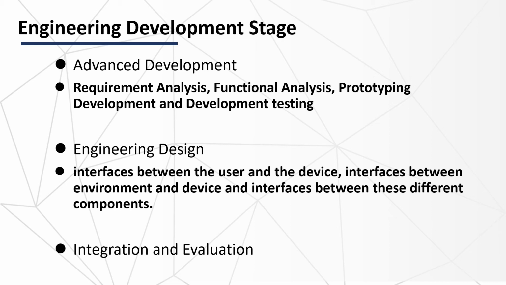And during this stage, the user interface, the environment interface, the interfaces between the various modules, and the problems of integration and installation are 4 parts considered by both engineers and designers and myself also. Apart from that, reliability, sustainability, and productivity are also being taken into consideration.